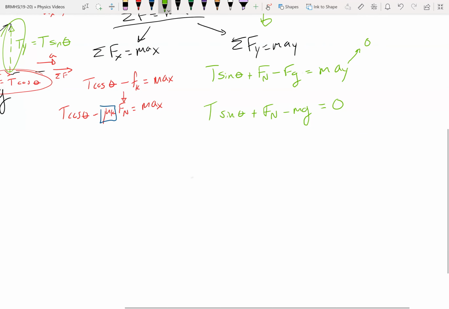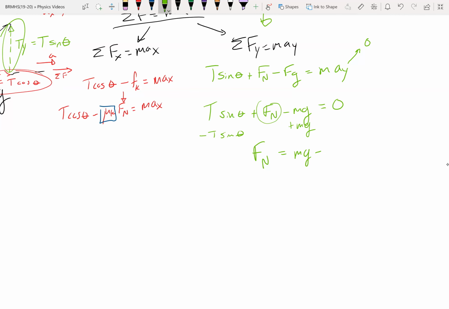So I'd solve for my normal force over here on the right. Normal force, already positive, I'll leave it there. I'll add mg to the other side, and I'll subtract T sine theta. That'll get normal force by itself, so I have mg minus T sine theta.